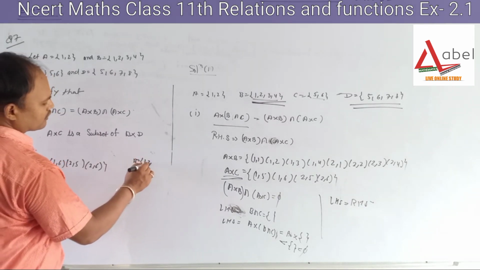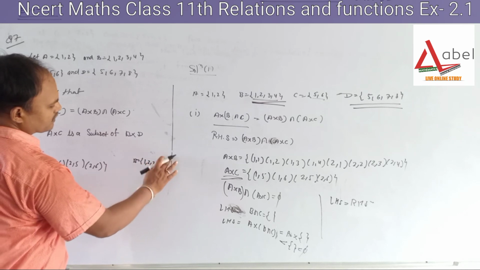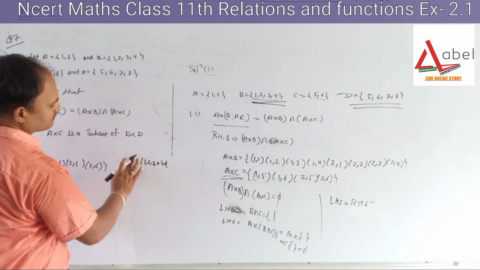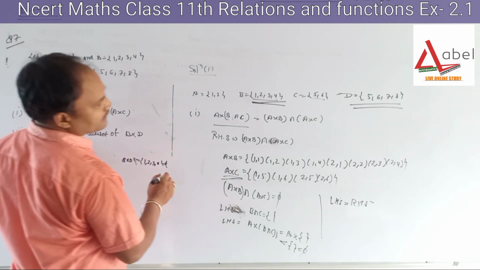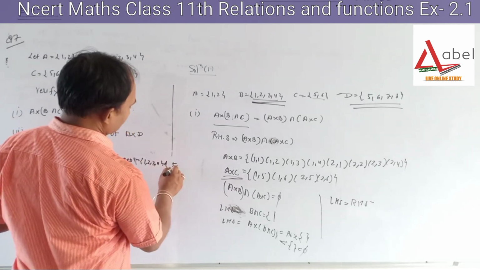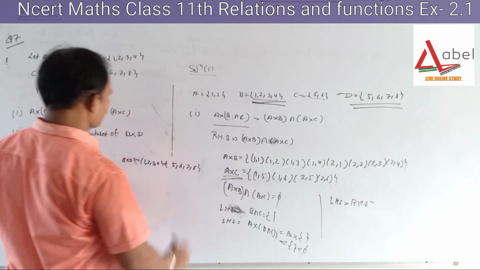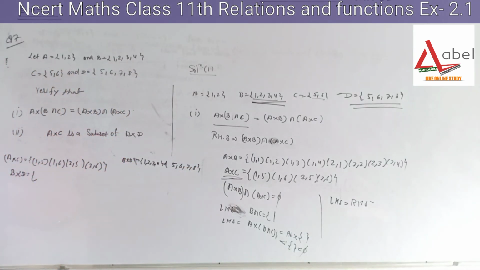B is {1, 2, 3, 4}, and D is {5, 6, 7, 8}. Now B cross D is there.